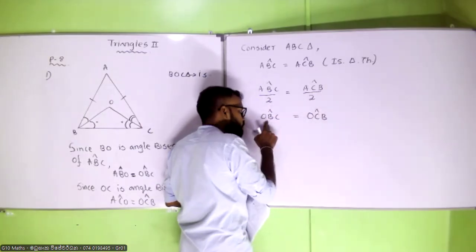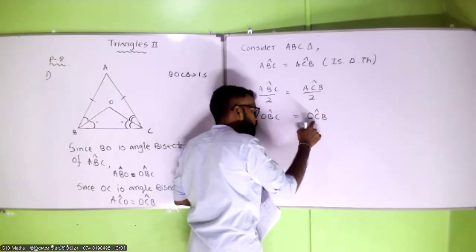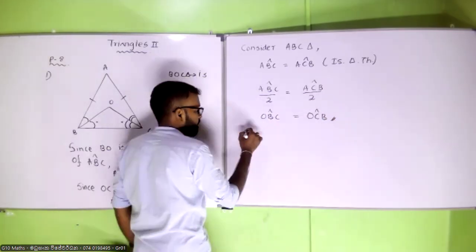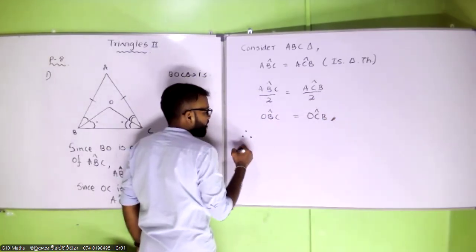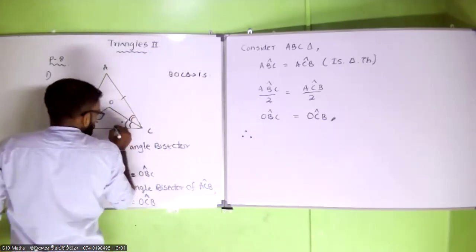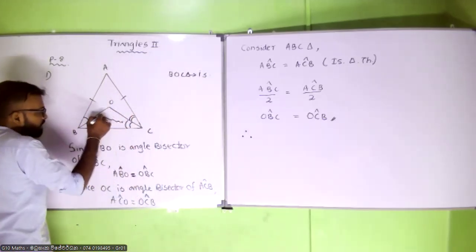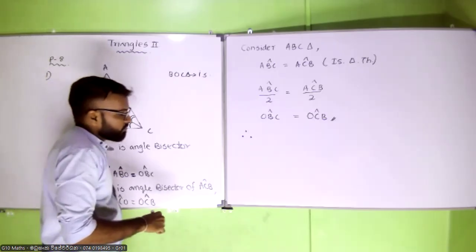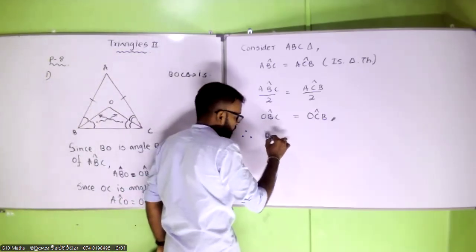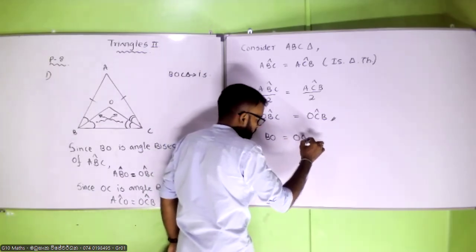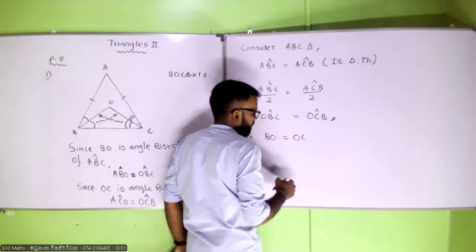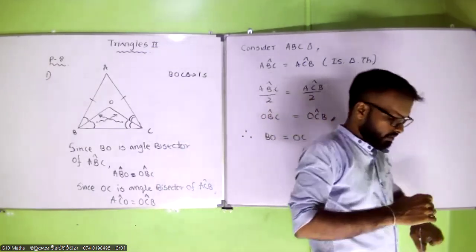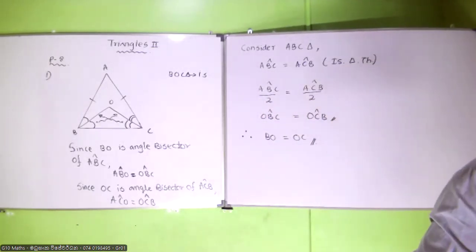So now I have shown OBC equals OCB. Therefore, the sides opposite equal angles are equal. That means BO equals OC. Done. So that is the first one.